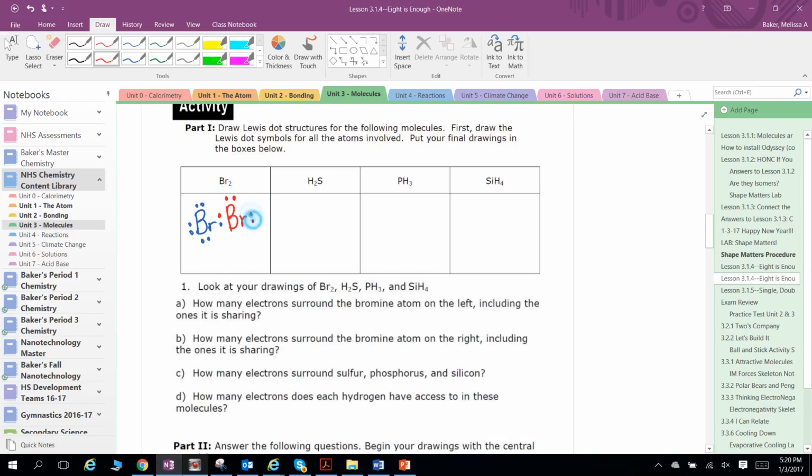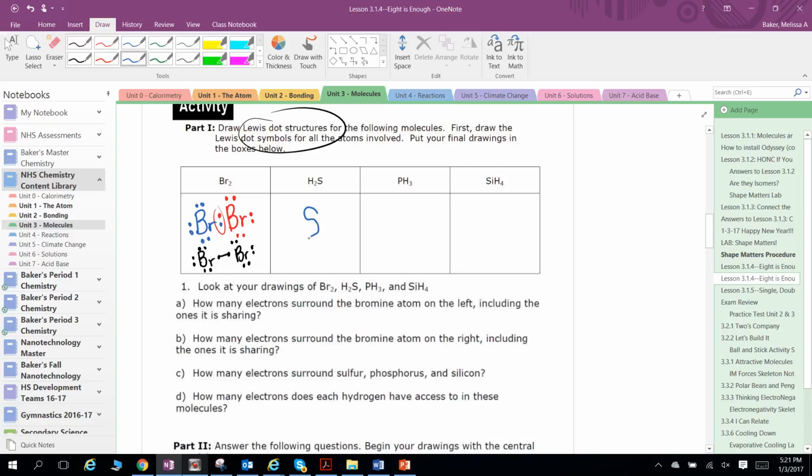So I'm going to point those lonely electrons at each other. Those are the ones being shared. More often, you won't see scientists draw it like that. You'll see them draw the 2 that are shared as a line, and that represents those 2 electrons being shared. But for now, it asked us to draw the Lewis dot structures, so we'll keep doing that.